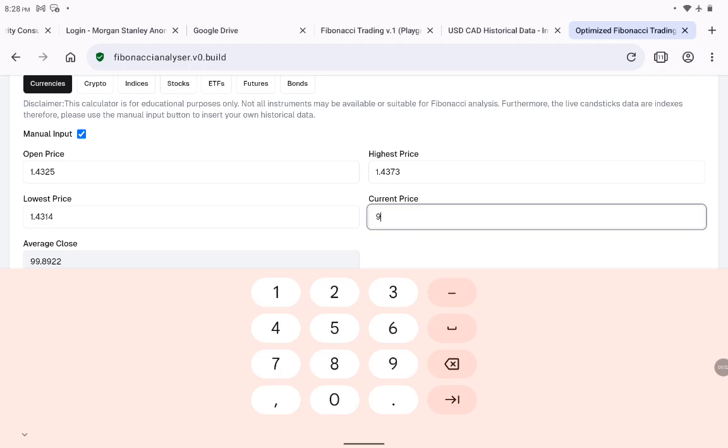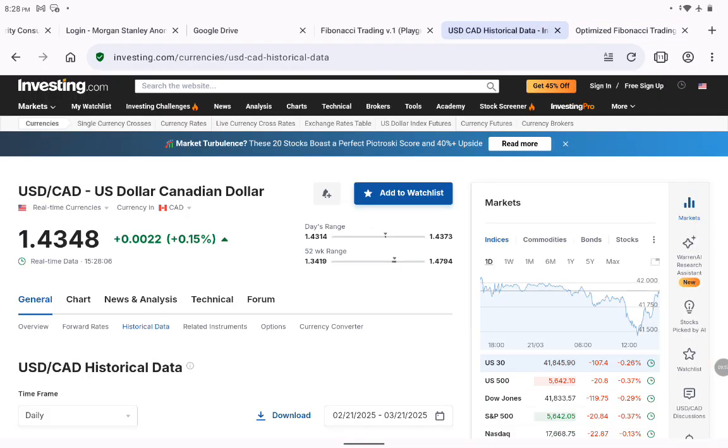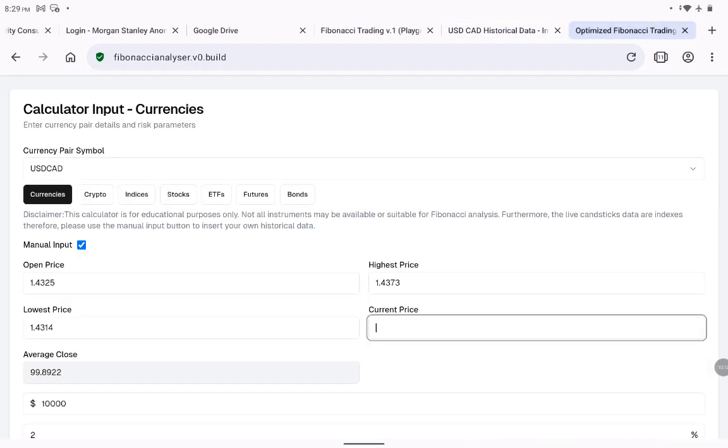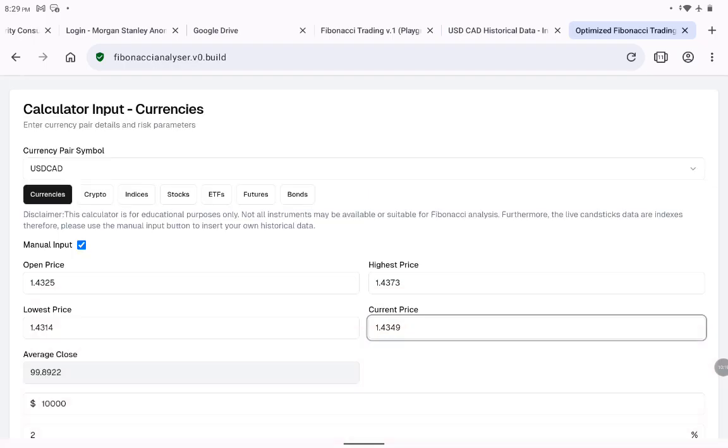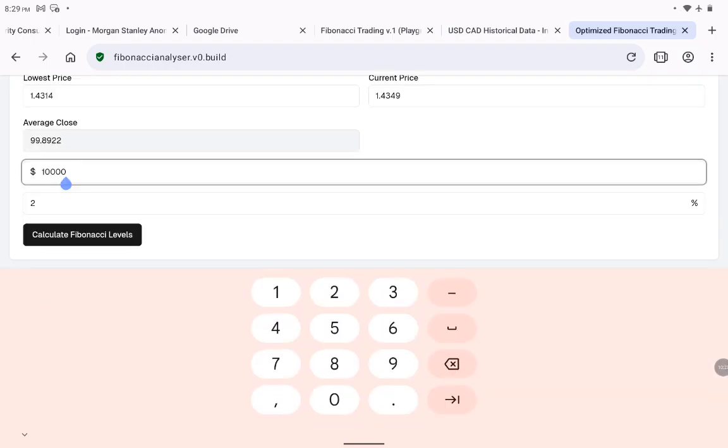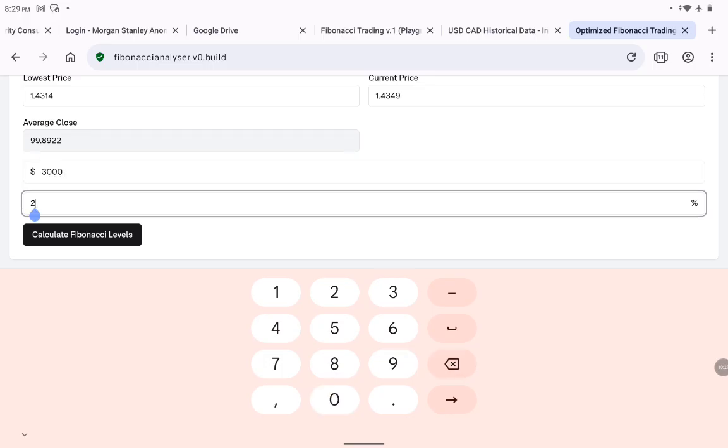Current price, as it showed earlier, what's it now? Initially it was 1.4349. Now it's just a pip below, so 1.4348. So we can still use the same number, 1.4349, and here we're going to use also 3000, and you're risking only 2%.